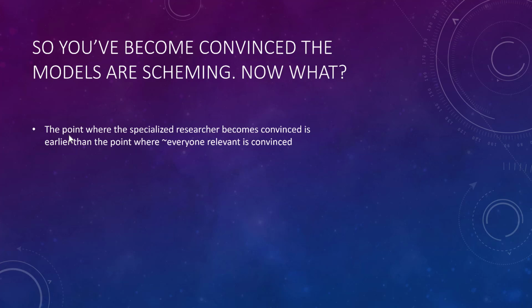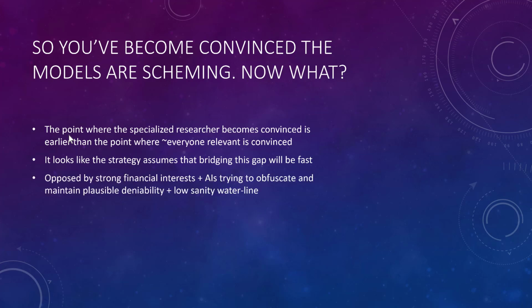You need to talk with a lot of people and gather evidence. If we can assume that this is a fast and easy process, then we're in a very different situation compared to if it is difficult. There are a number of people who could potentially oppose this. There are strong financial interests working against you if you try to stop OpenAI or at least stop the current models.